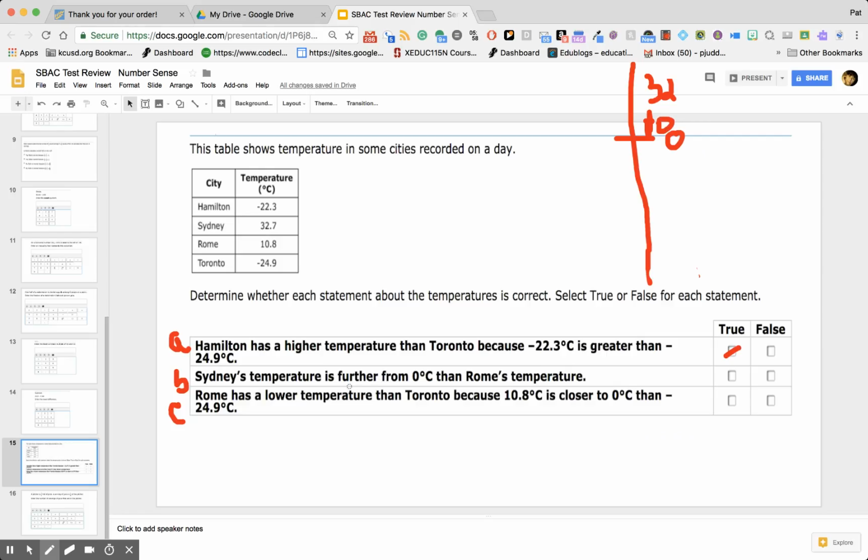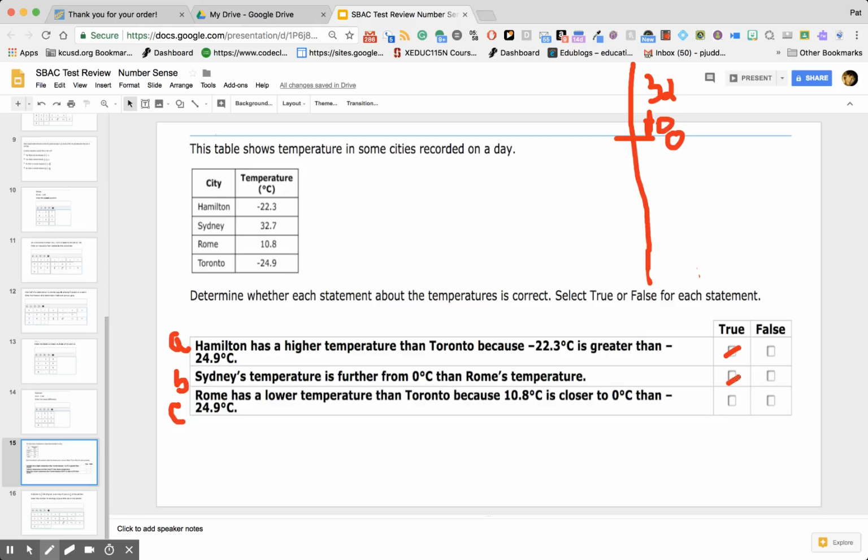And Sydney's temperature is further from 0 than Rome's temperature. They're not asking if it's greater or less than. Further from 0 than Rome's temperature. So here's 0, here's 10, here's 32.